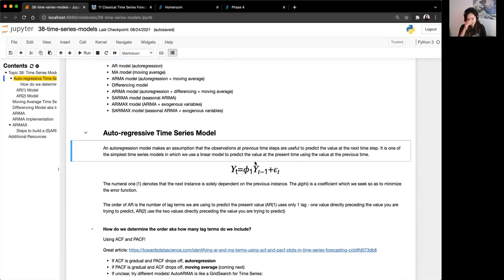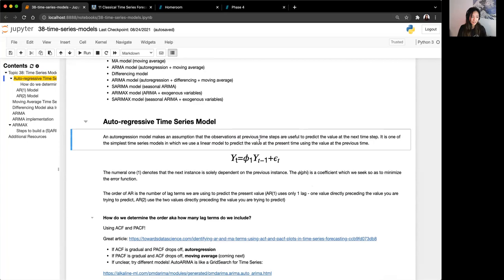Let's say we have a time series that is moving fairly stable, maybe with a little bit of up and down. You can say that the prediction for tomorrow's price is equivalent to today's price multiplied by some coefficient plus some constant term. So that is what an AR model is.